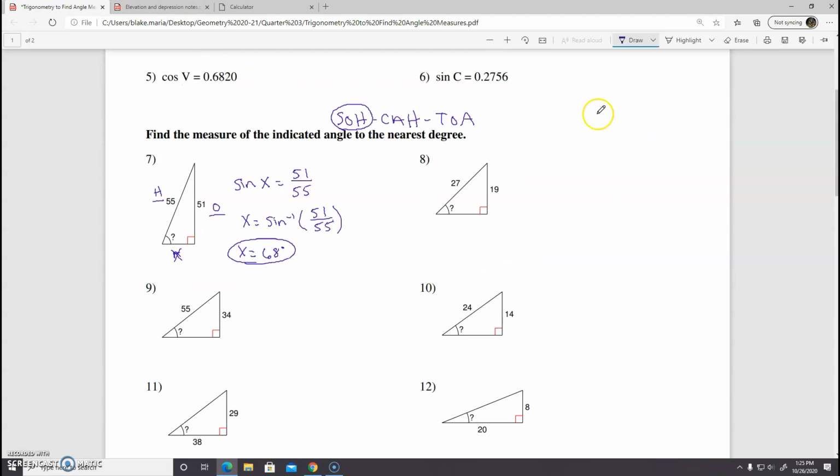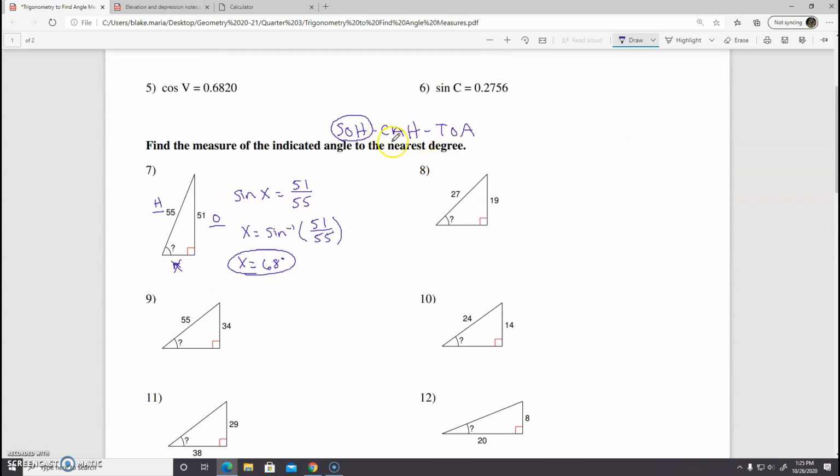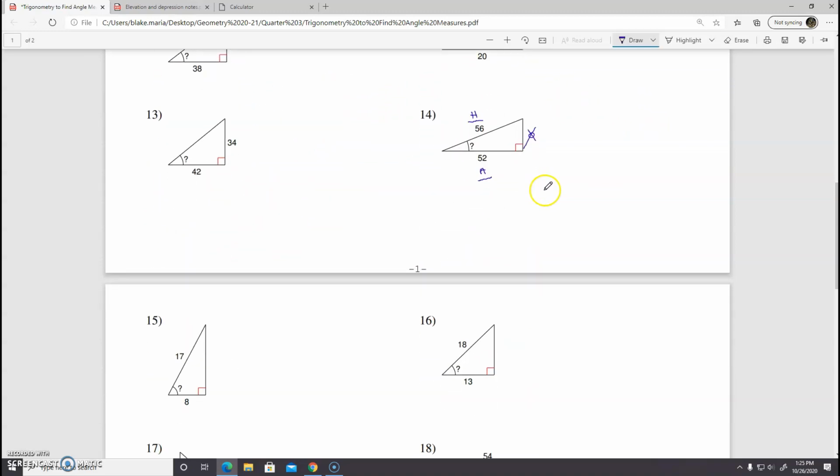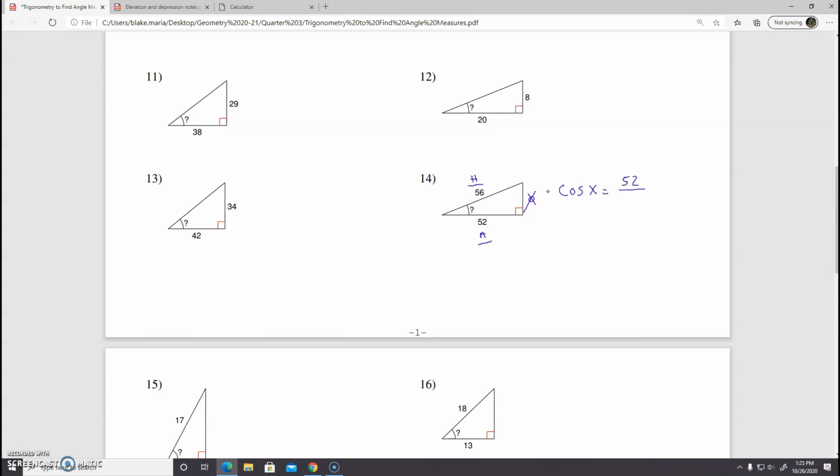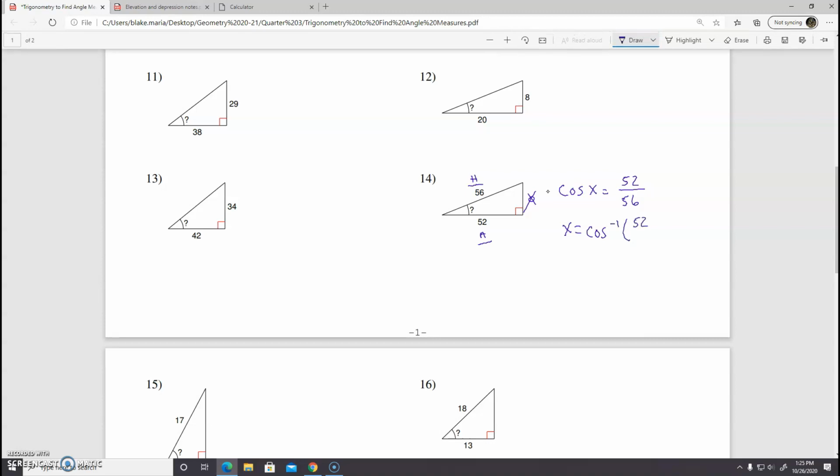Adjacent and hypotenuse, I'm using cosine. So cosine of my angle, which I don't know, equals adjacent over hypotenuse. And again, to get x alone, we're going to take the cosine inverse of both sides, and you just let your calculator do the work here.